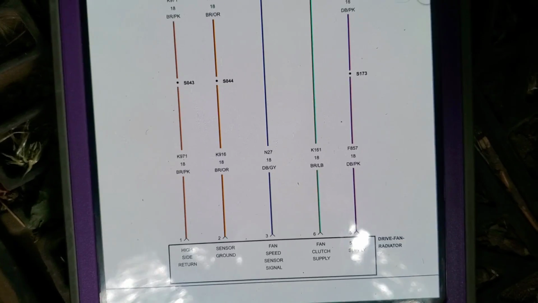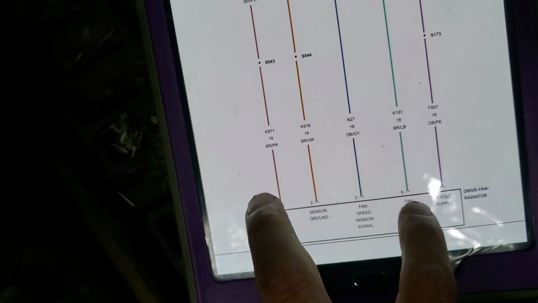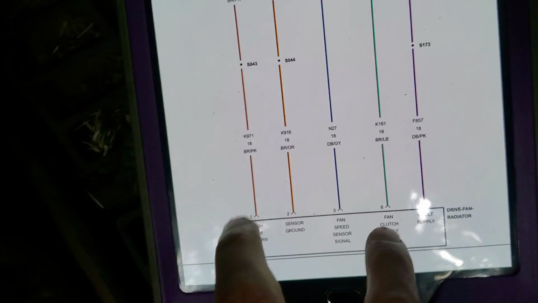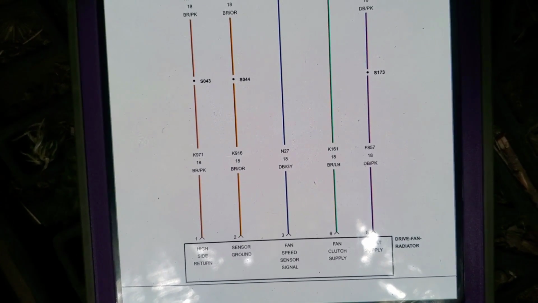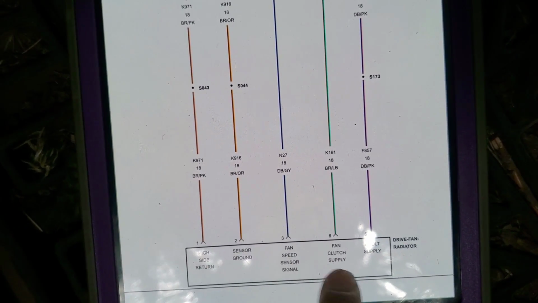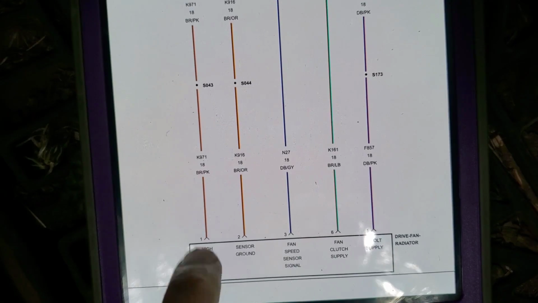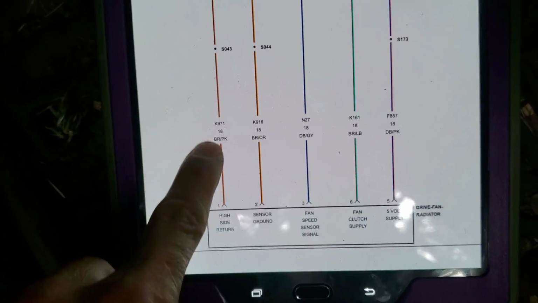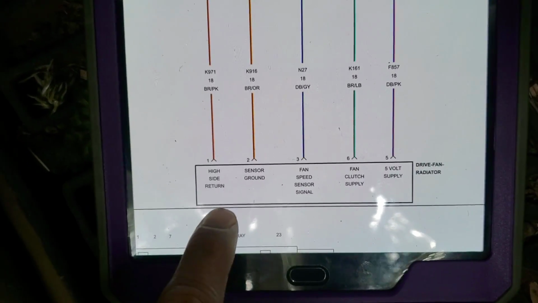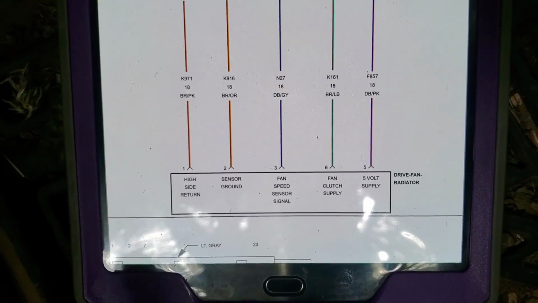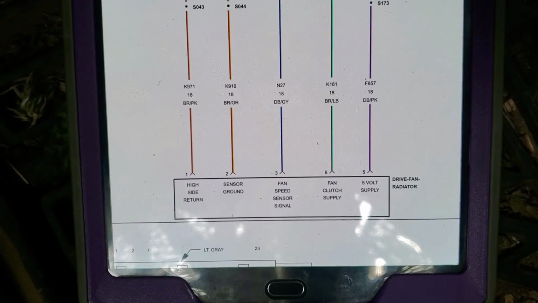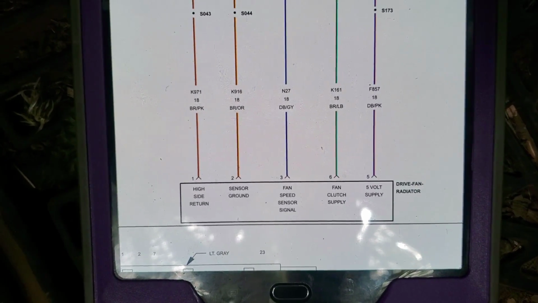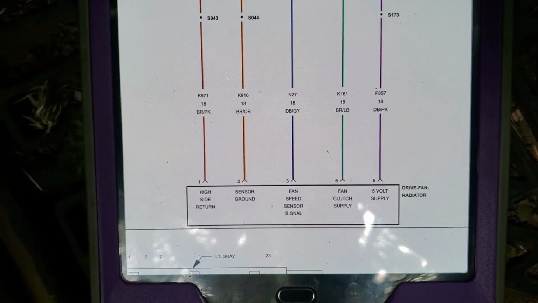So I would think one of these two, between pin 1 and 6, one should be ground or constant ground, and the other one should be applied. I don't know which one, because I see high side here. They mention high side return. I'm assuming they will apply power, which Chrysler has been doing to their actuators.